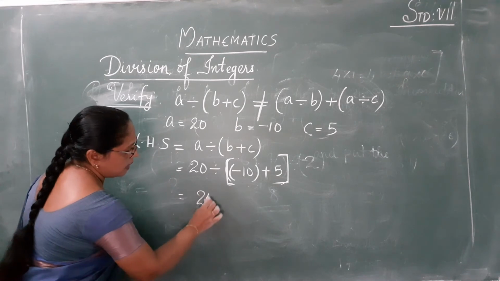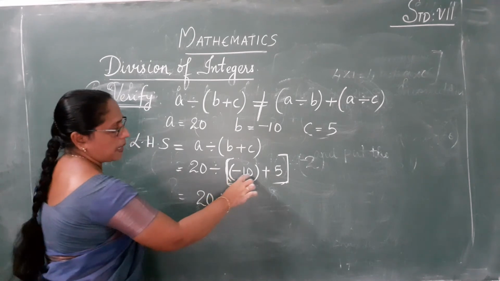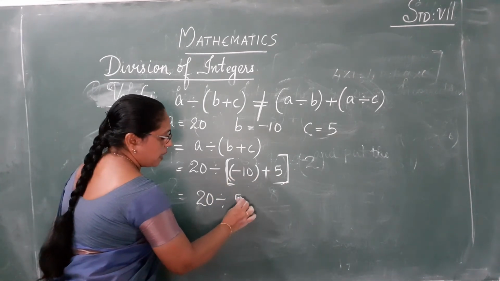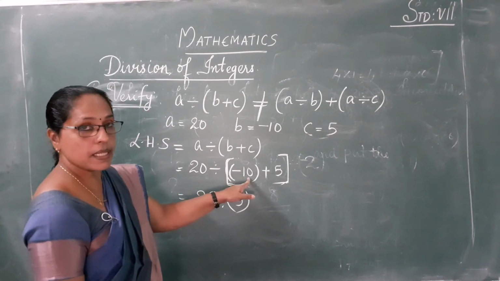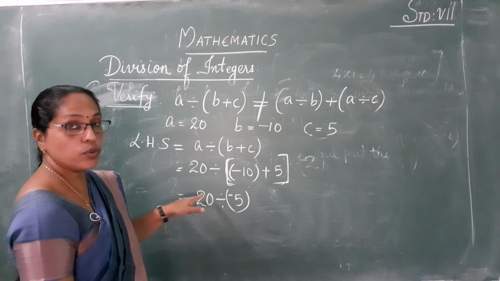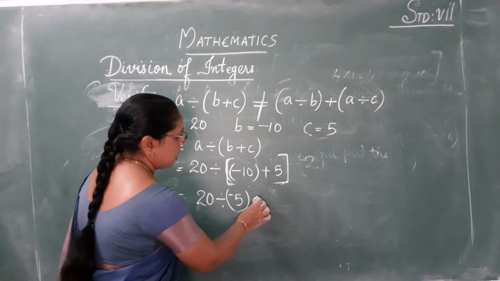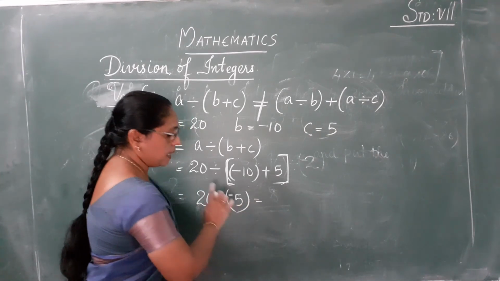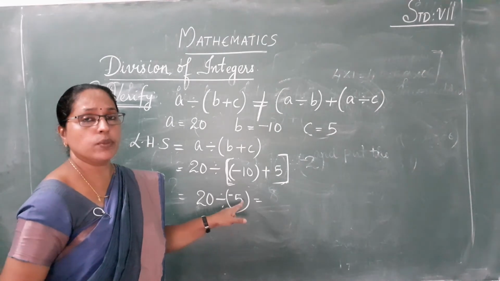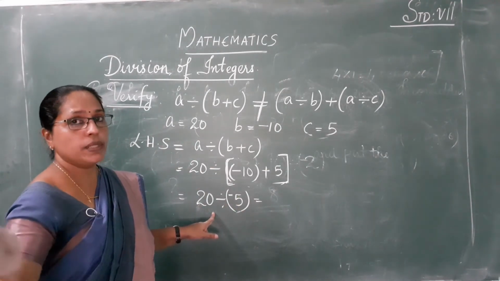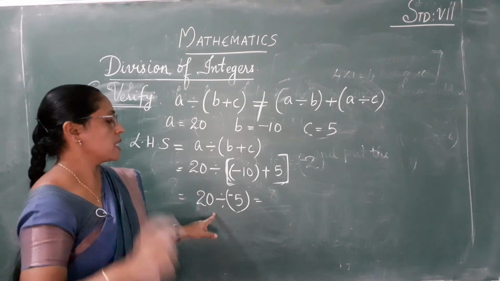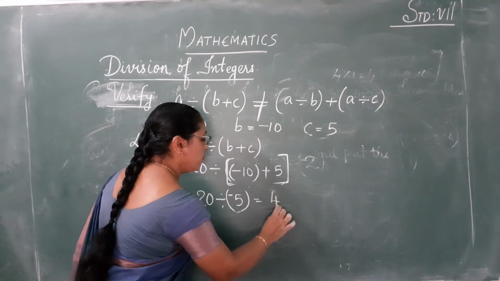So 20 divided by negative 5, because of the bigger number's sign. Now division. Two integers have different signs, so divide, 20 divided by 5. Come on children, 20 divided by 5. 5 table 20, how many times? Yes, 4 times. So the answer comes 4.